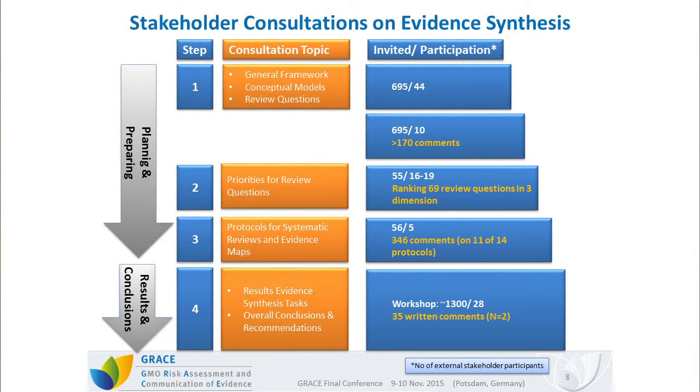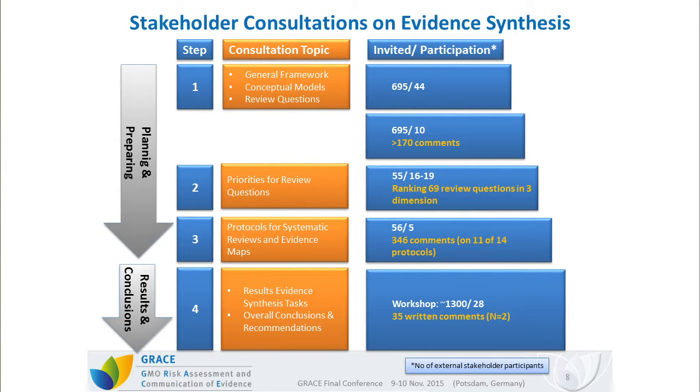The next step was then, based on that discussion, to develop a revised list of review questions, including reformulating review questions, and these were put to a prioritization exercise where stakeholders were asked to prioritize the review questions that we came up with in order to help us select the most relevant ones.